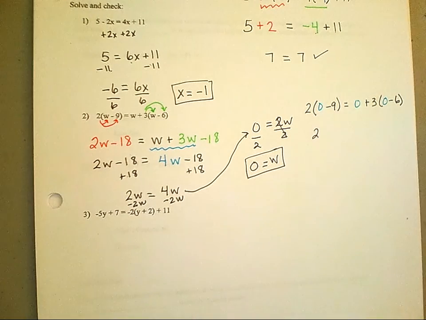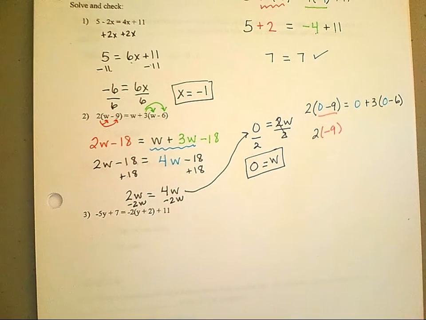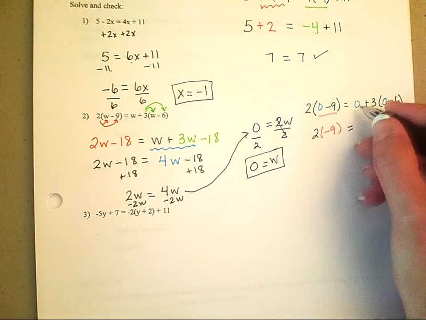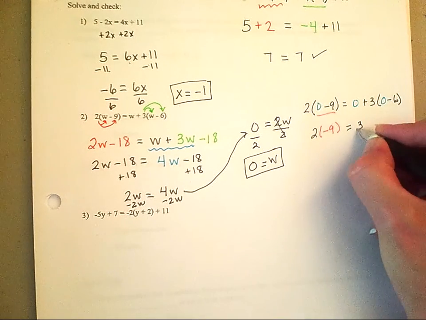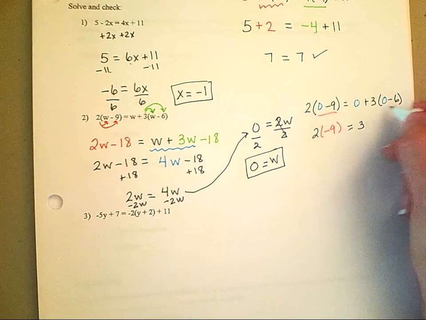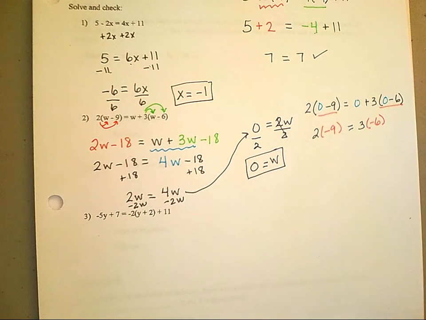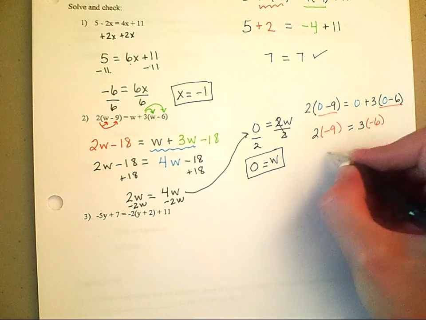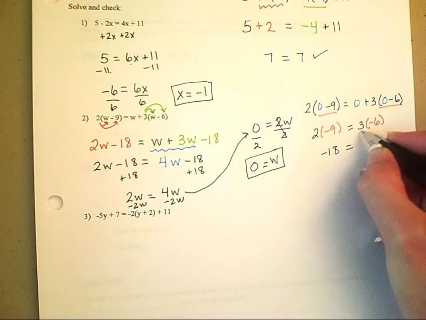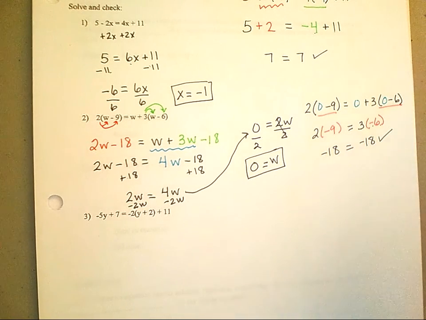So this becomes, well, 0 minus 9 is just minus 9. 0 plus anything is just itself, so this is 3 times negative 6. And is it true 2 times negative 9 is negative 18, and 3 times negative 6 is negative 18. So this also checks.